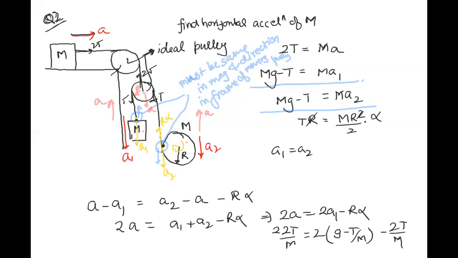Right. So 4 plus 2 plus 2, that is 8T by m is equal to 2g. So T would be equal to mg by 4. Okay. Once again, we get T is equal to mg by 4.